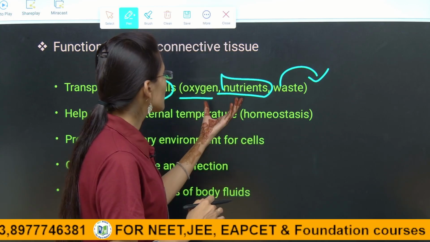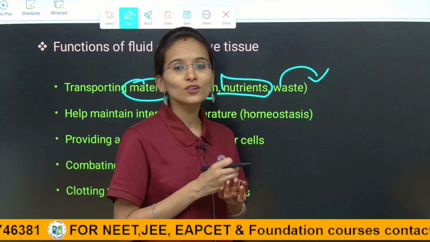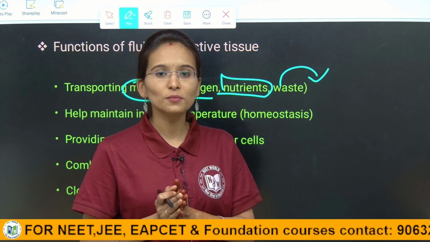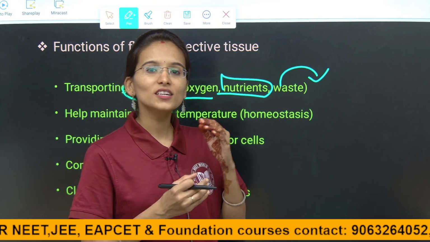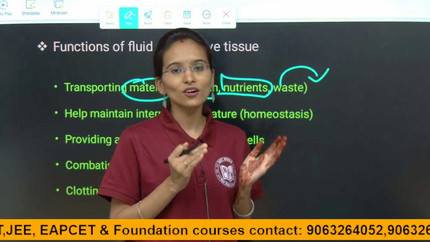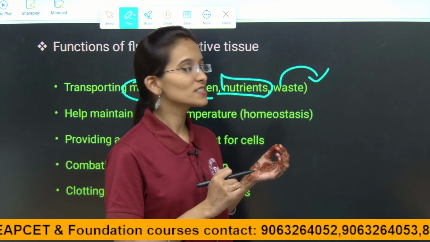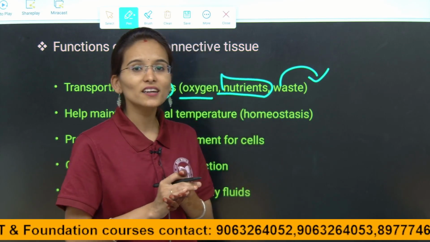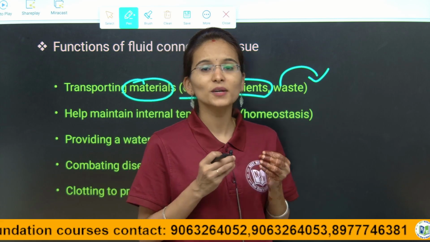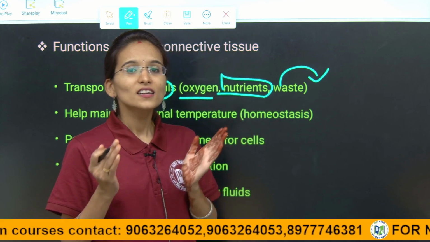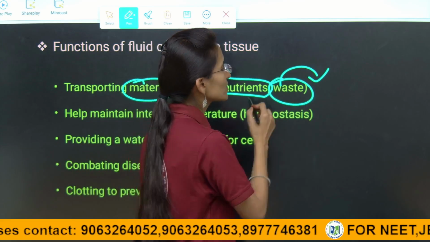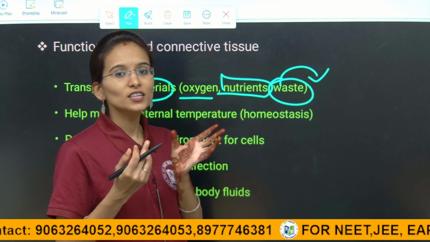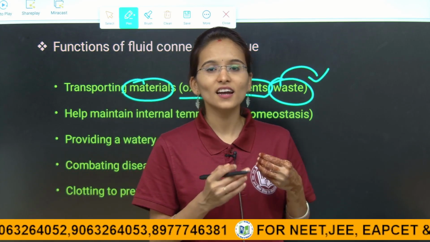Some of the nutrients are also present in that absorbed food, so along with that, nutrients are circulated throughout the body through these RBCs. Then the remaining undigested things are sent out in the form of waste, and they are transported to the kidneys for filtration and everything.